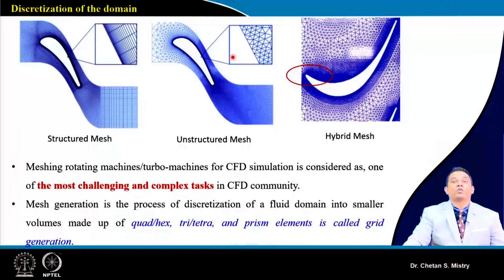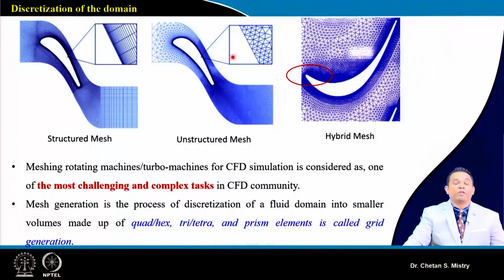Now the question is what are they doing. Suppose, randomly and without understanding what mesh I will be using, I straightway apply a commercial package or some code that is available. That also will discretize our domain, and that also will give a solution. But the thing is, what exactly we are looking for, what is the purpose of doing CFD analysis, that is very important.